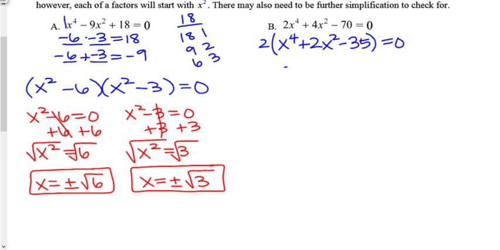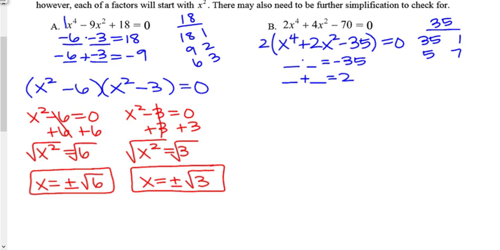I'm going to think, though, what times what will give me negative 35, and what plus what will give me positive 2. So over here, I'm going to write the factors of 35. I have 35 and 1, 5 and 7, and that's pretty much it. 5 and 7, the difference between those is 2, which is going to work, but I need a positive 2.